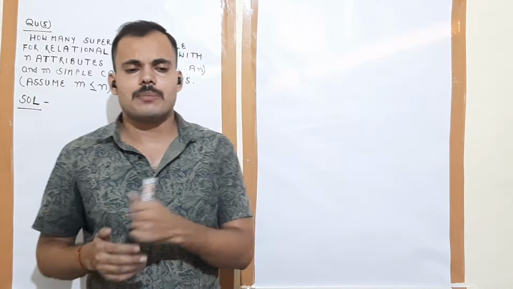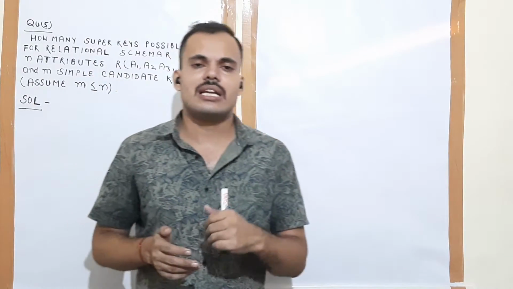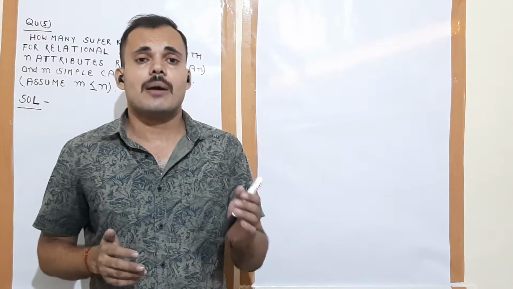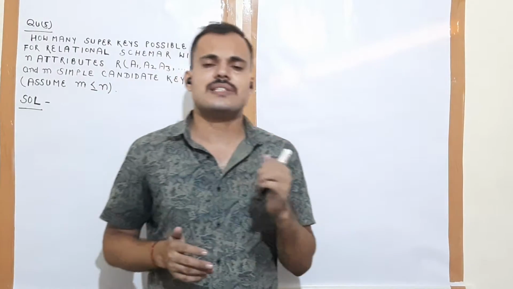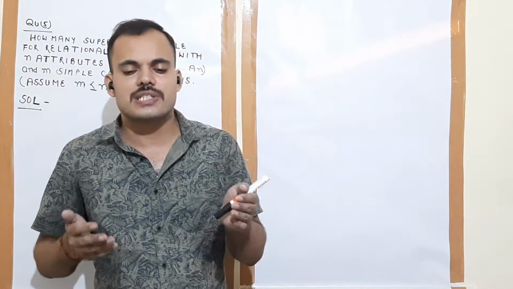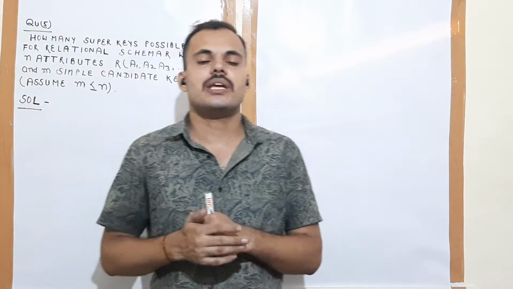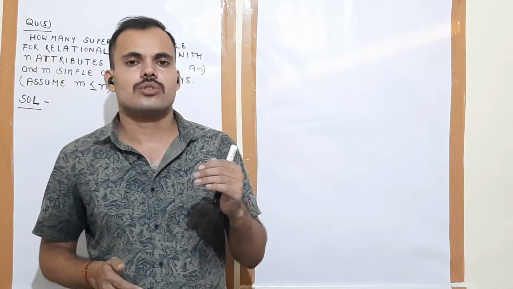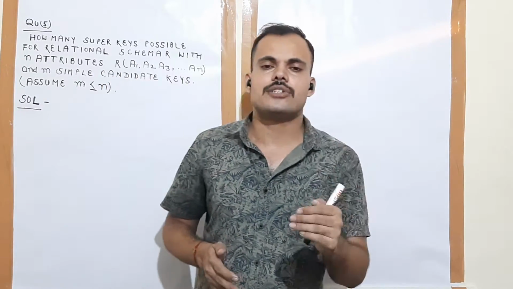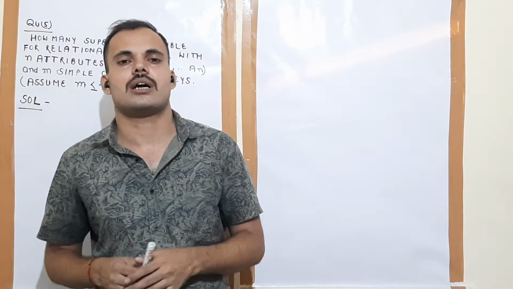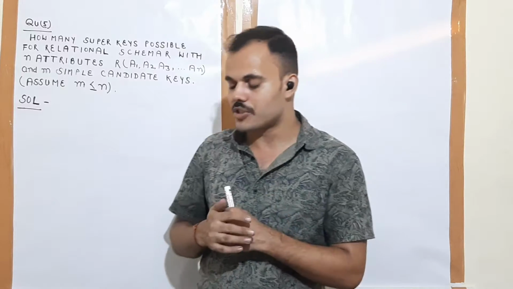So here m candidate keys are given, which means m sets are given. Since that is complicated, we will solve it using the prime attribute method, the second method.